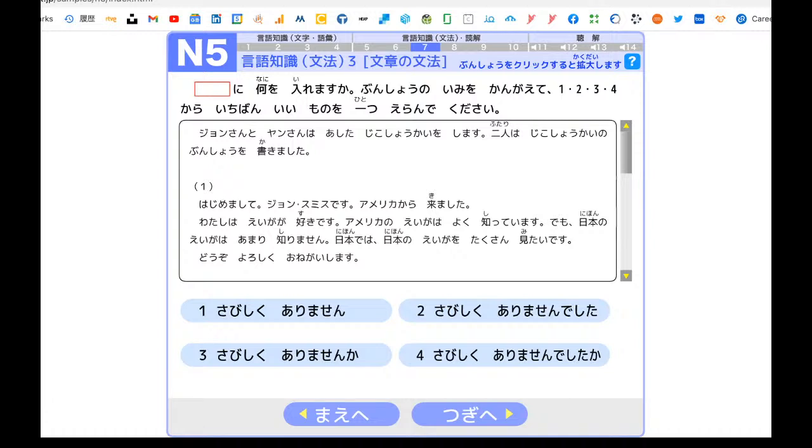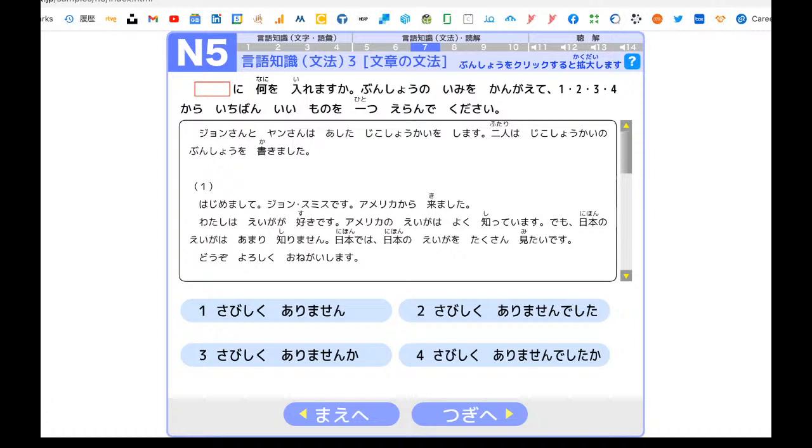Let's read the very beginning, the first sentence, because this is a very big clue. It says, ジョンさんとヤンさんは明日自己紹介をします。2人は自己紹介の文章を書きました。So it says, Yan-san and John-san will do a self-introduction tomorrow.